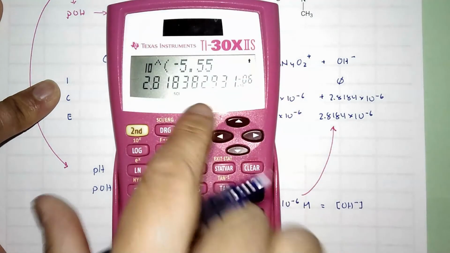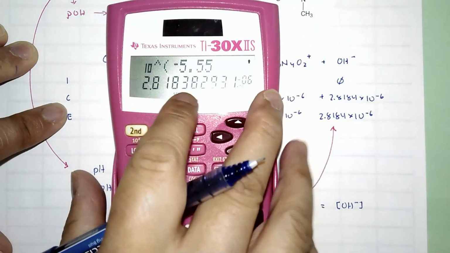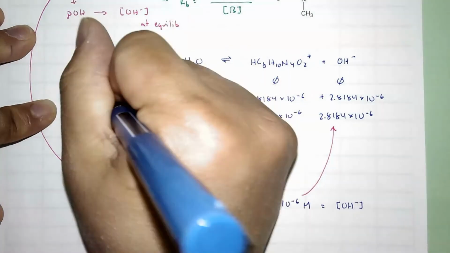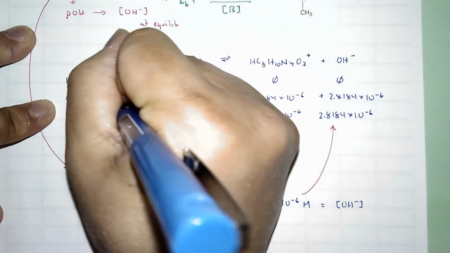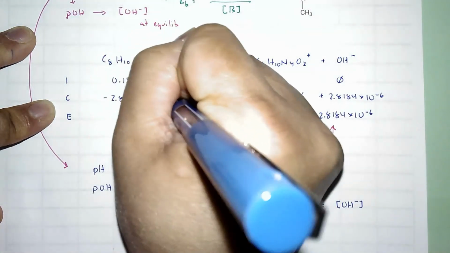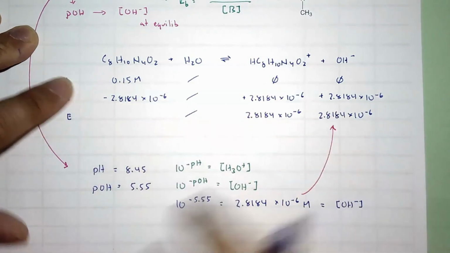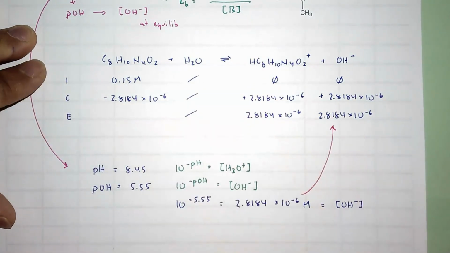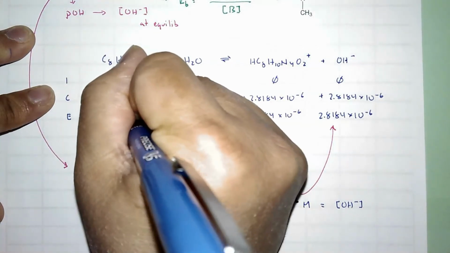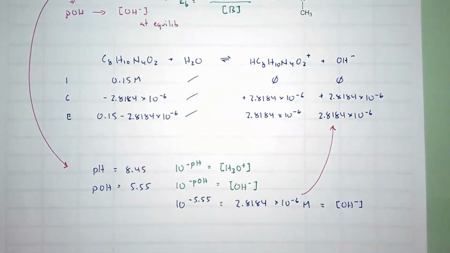I'm going to keep this number in my calculator, and I'm hoping I can figure out the Kb just by typing an answer. Well, we have this minus 2.8184 times 10 to the minus 6. So you do have the minus x, plus x, plus x change, but now we literally know what x is. And this one is 0.15 minus 2.8184 times 10 to the minus 6.